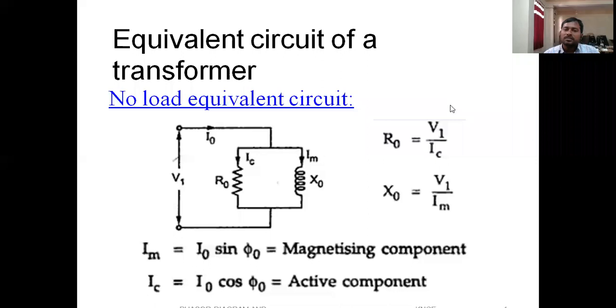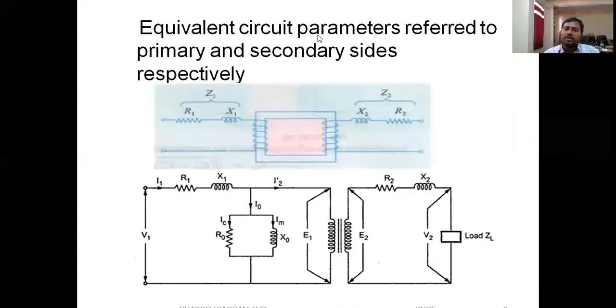Now let us discuss the equivalent circuit with respect to the primary and secondary sides of a transformer under loaded condition. If you connect the load, what parameters come into the picture in the transformer? The transformer core is represented with these two lines, and this is the primary winding. This is the secondary winding, and the induced EMFs E1 and E2 are represented here.